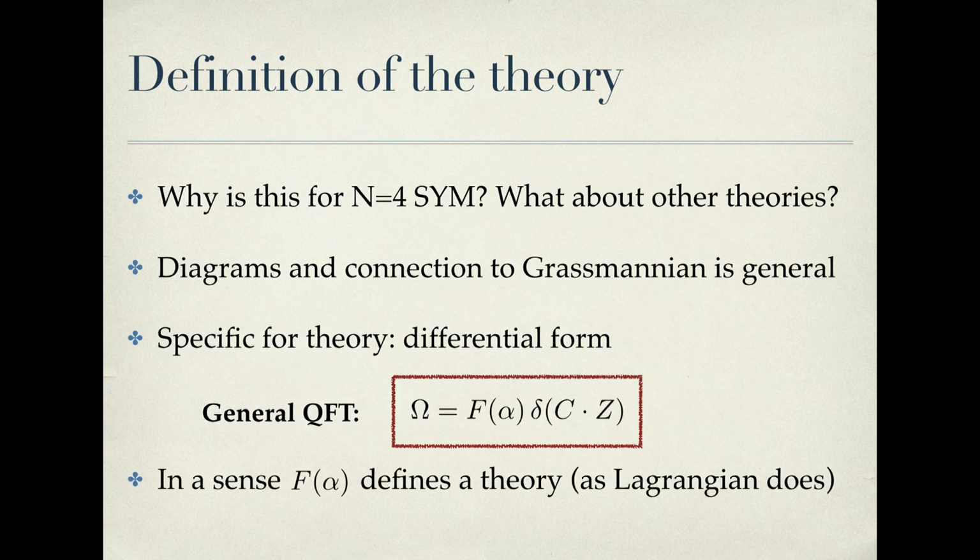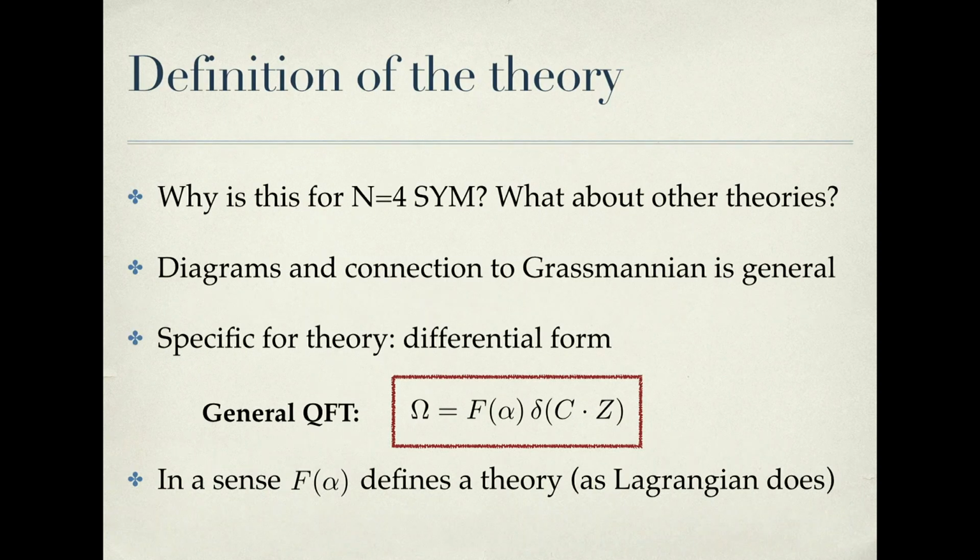In other theories, like massless QCD, we actually know what the form is. But in any quantum field theory, there exists some form which calculates that diagram using this mathematical information. So it's a definition of the theory like the Lagrangian is, but in a very different setup, in a setup of these on-shell diagrams and the differential forms.